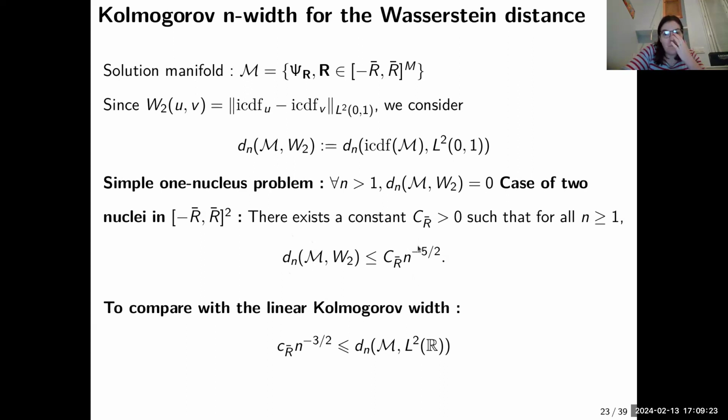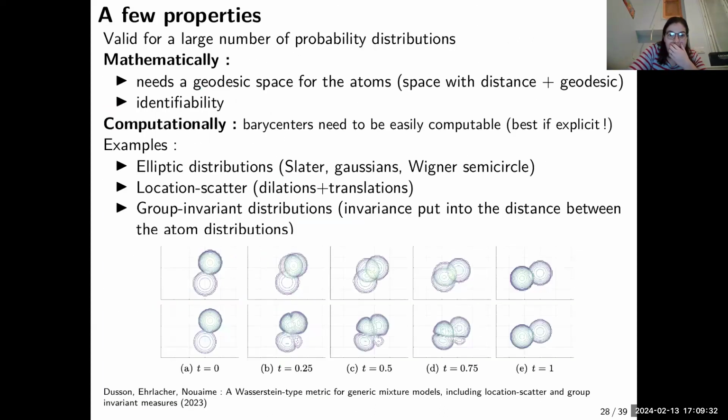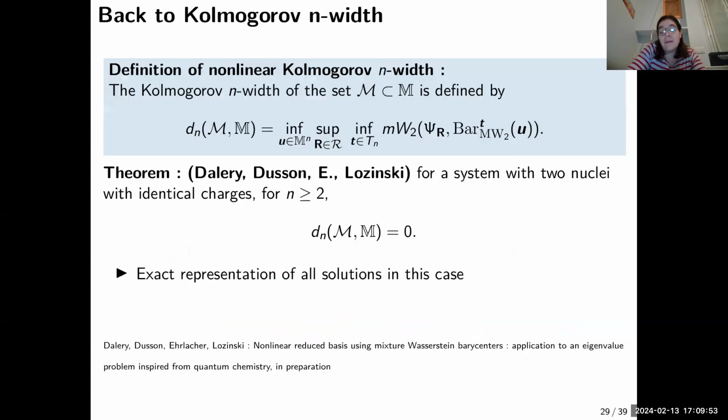So perhaps the -5/2 is not quite optimal, but it will not be a super fast decay either. This is, in my opinion, related to the shapes of the barycenters. The bottom part here is typically an exact Wasserstein barycenter, and you see some strange wiggles which you do not see when you use modified Wasserstein barycenters. That's what we are able to say at this point.